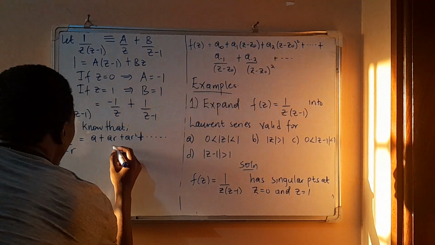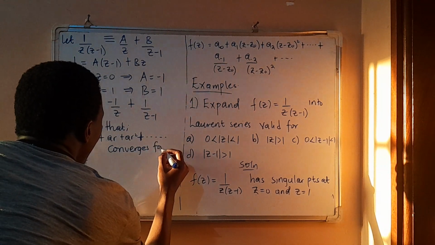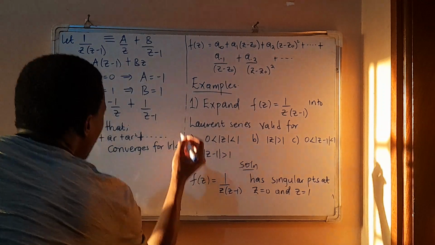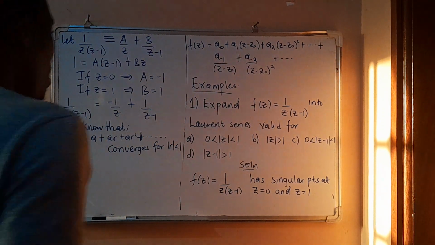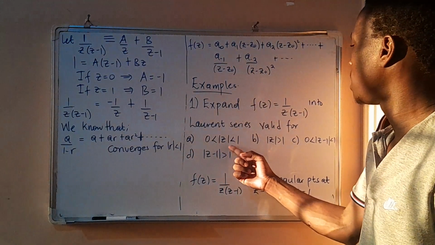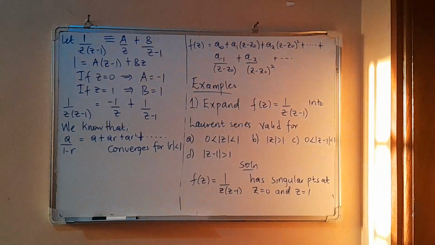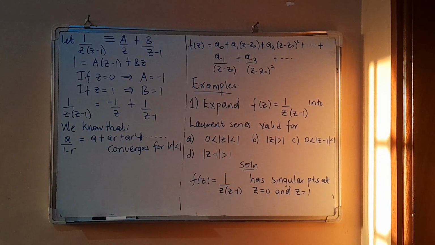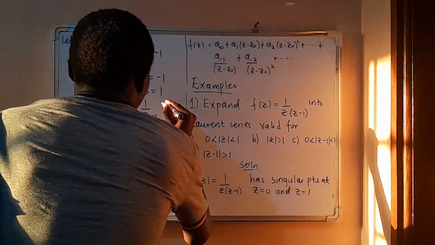We know that this converges for absolute r less than 1. The series representation of this form converges for that. So when you look at part A, we want something which will converge in the domain absolute z less than 1. That's why we need to use that knowledge of the sum to infinity of a geometric progression, since our function f of z is now this.